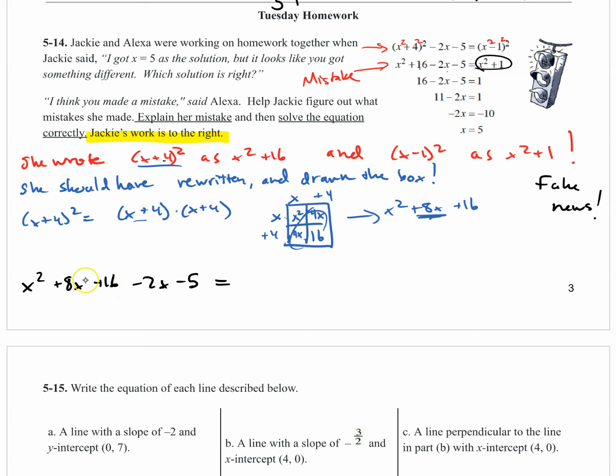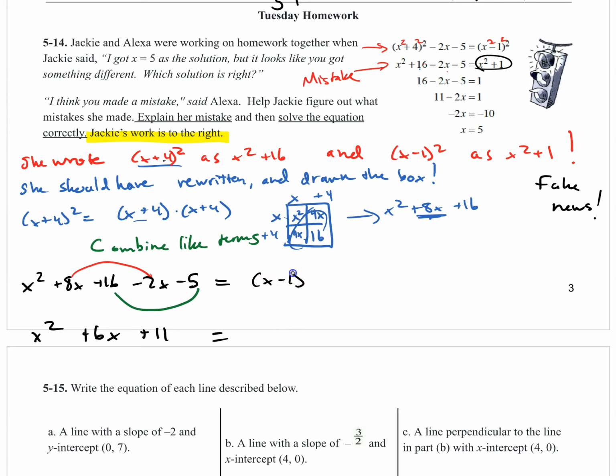Well, let's see what we can do here. We can combine like terms. So this is going to be x squared plus 6x plus 11 equals.